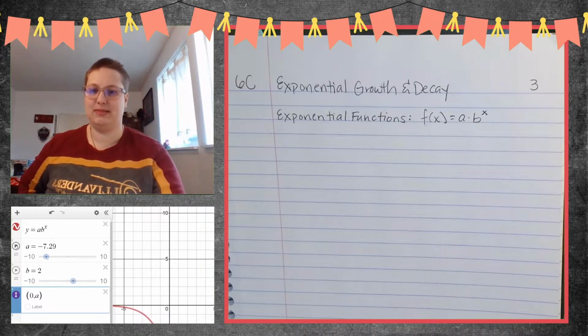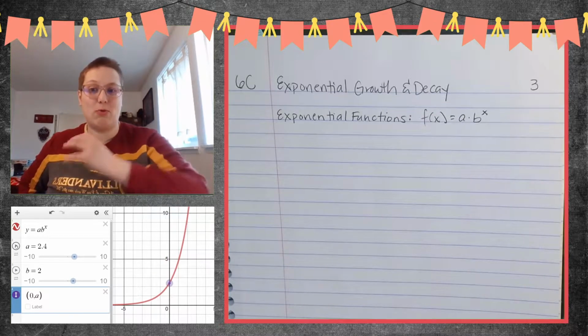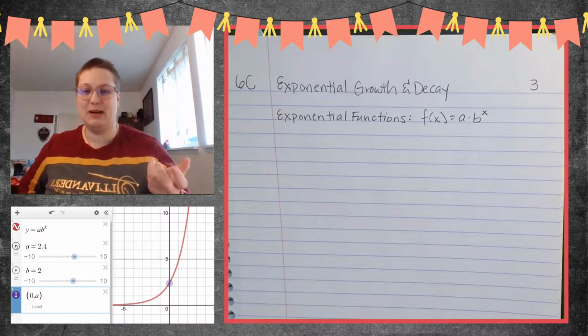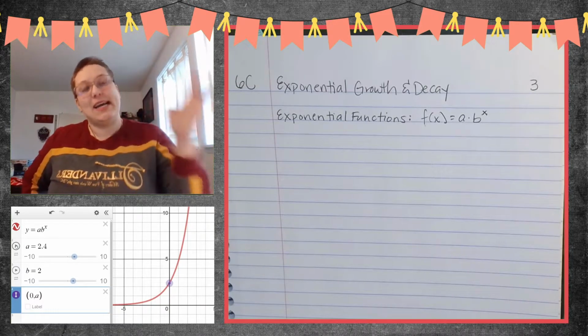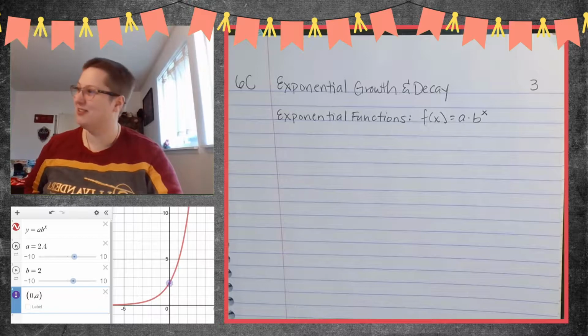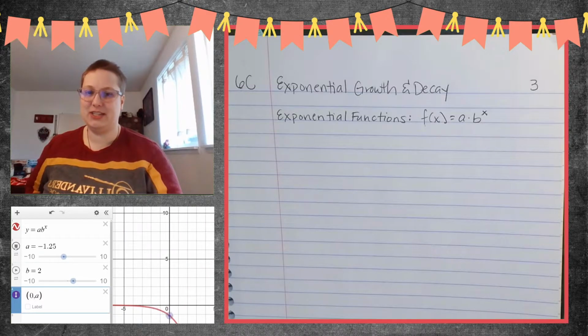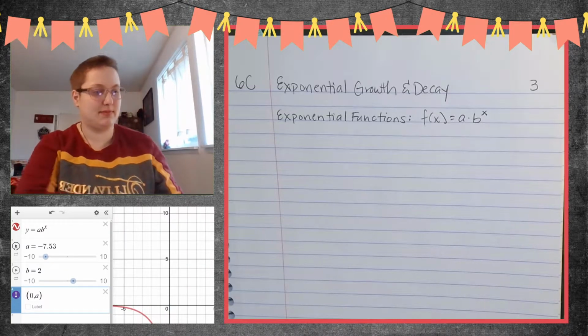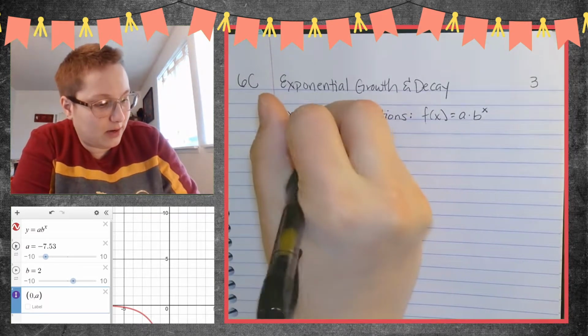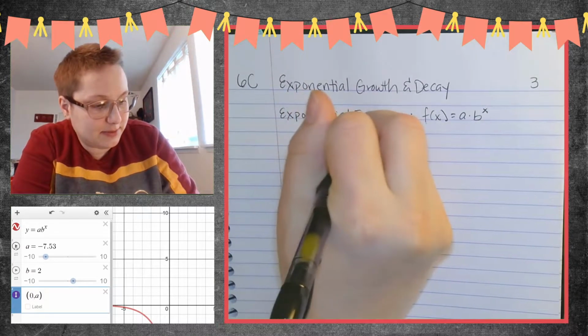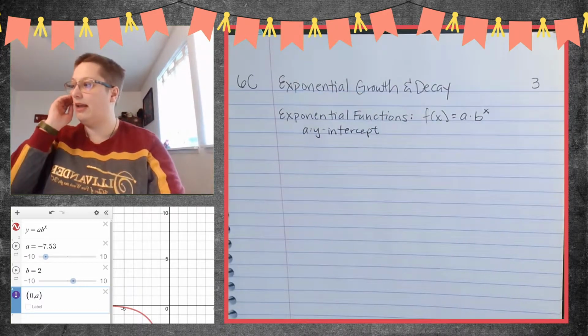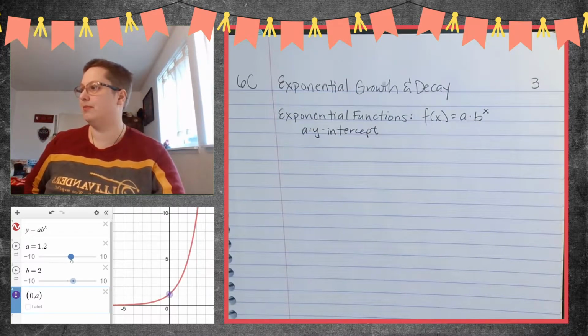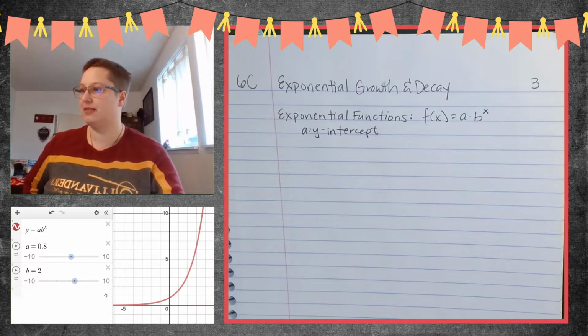So that went down. There it is. So whatever a is, that's the y-intercept. When y equals mx plus b, that would usually be the plus b part. Here it's a. Don't get confused. So a changes the y-intercept. So a is our y-intercept.